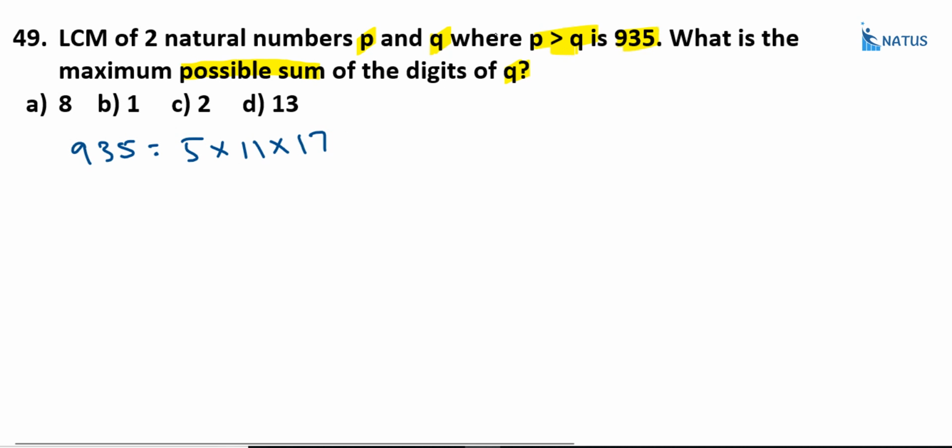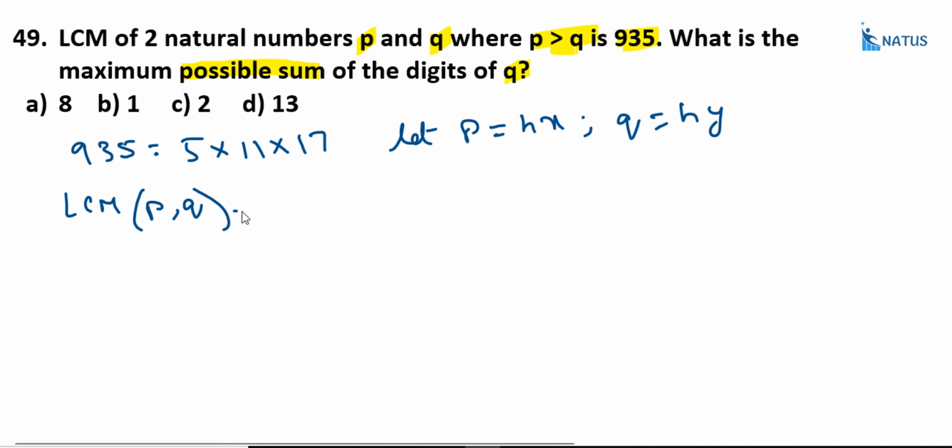Next, what we require here is the LCM of two natural numbers. Suppose one number is p and the other number is q. Let p equal hx and q equal hy. What is the LCM? The LCM of p and q is equal to hxy, that is a product of three numbers, right?